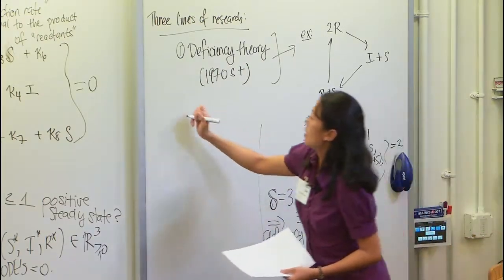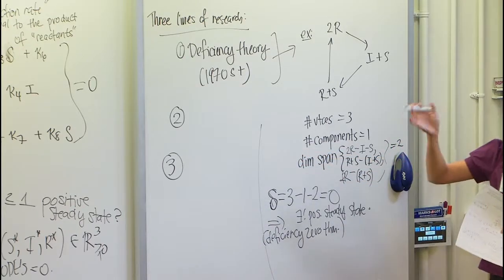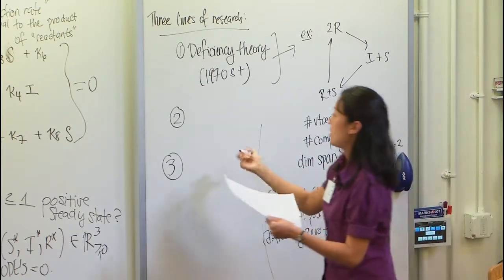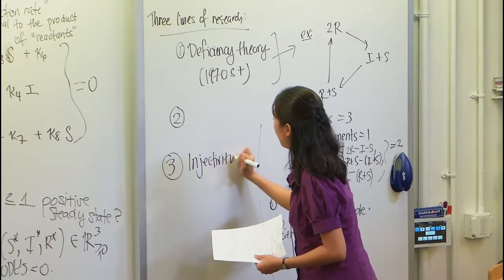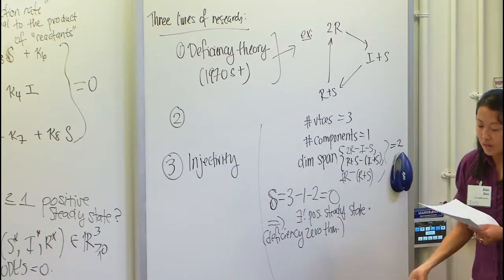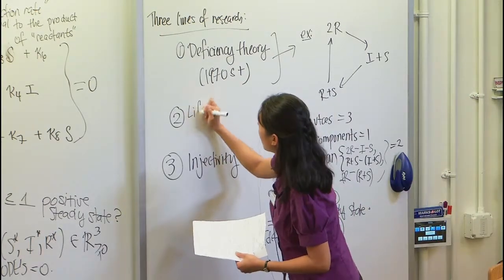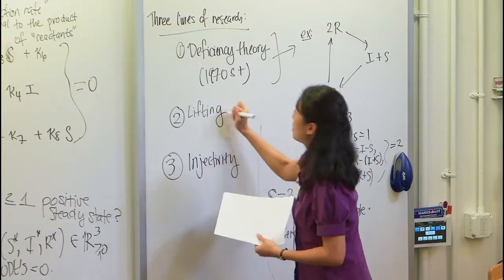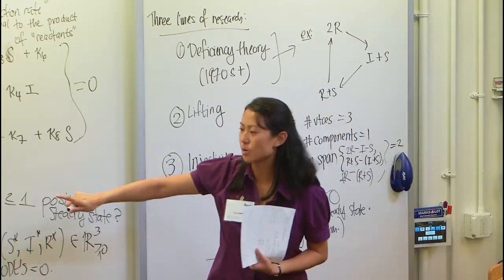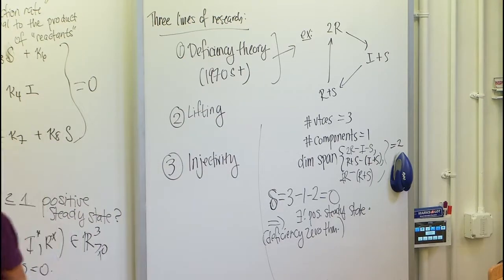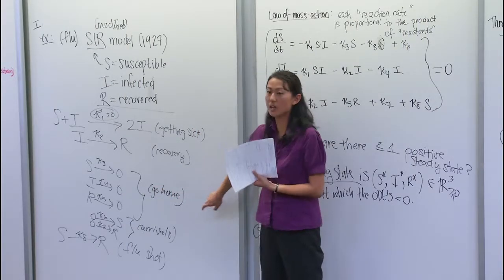The other 2 lines of research I do want to talk a little bit about. And the third is the main focus, which is injectivity. Okay. So this is where our theorem fits in. And the second line I want to mention, which I'll say again later, okay, is the question of, well, going back to, I think maybe JM asked this question, what happens if I also included the reaction where people who have the flu are actually arriving?